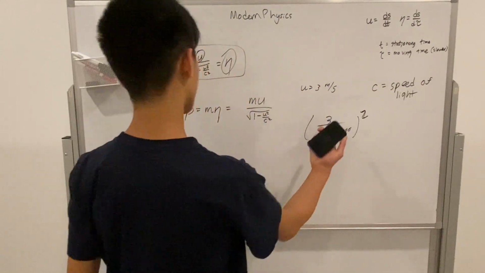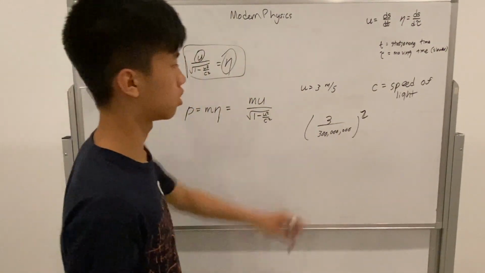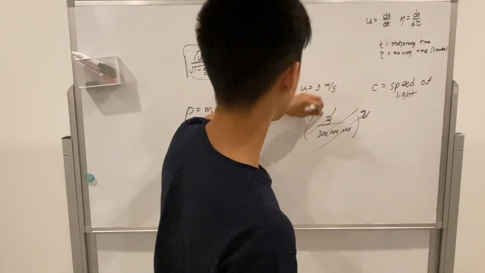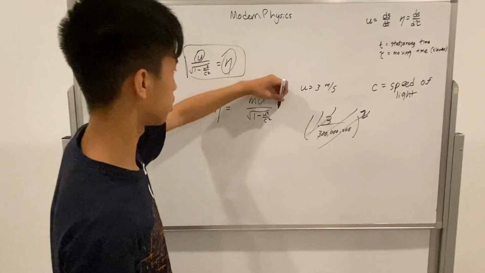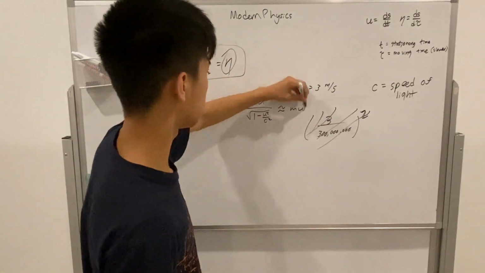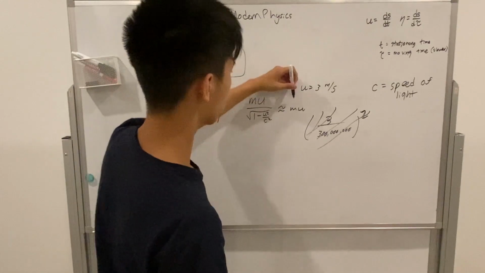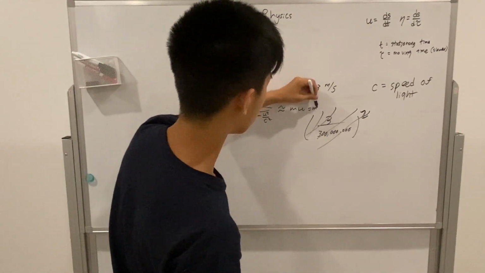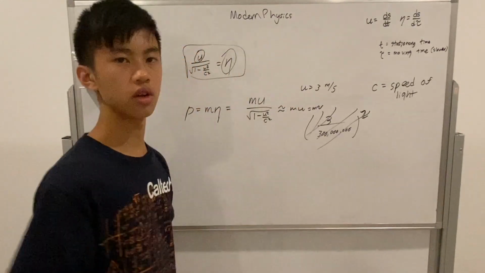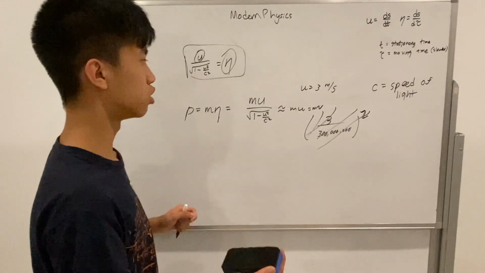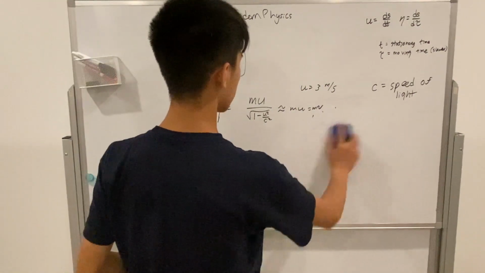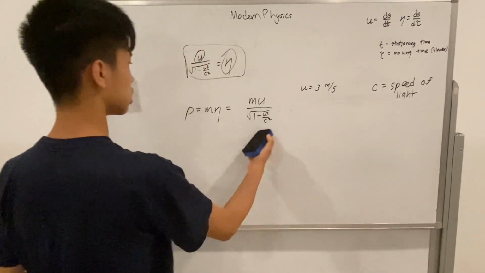Where's this whole term gonna go? Nowhere. Does not matter. So that's why generally people use mu or mv for momentum in Newtonian mechanics, but just know that it's not actually that, it's this.